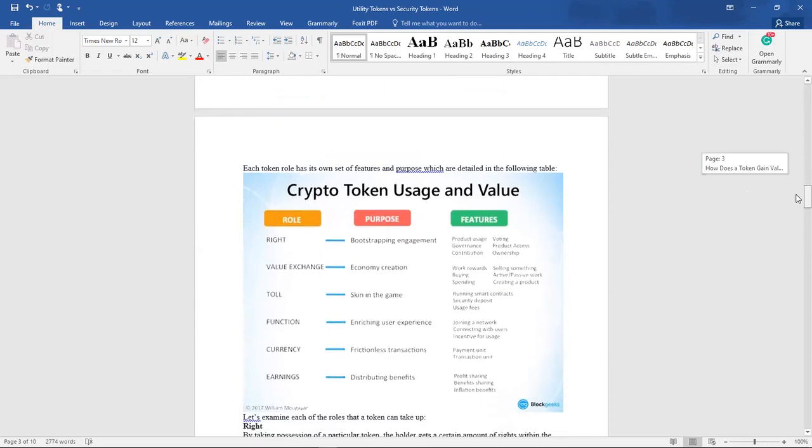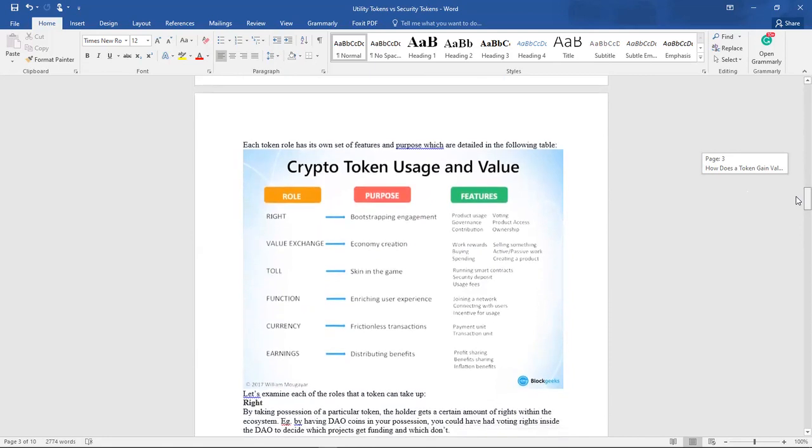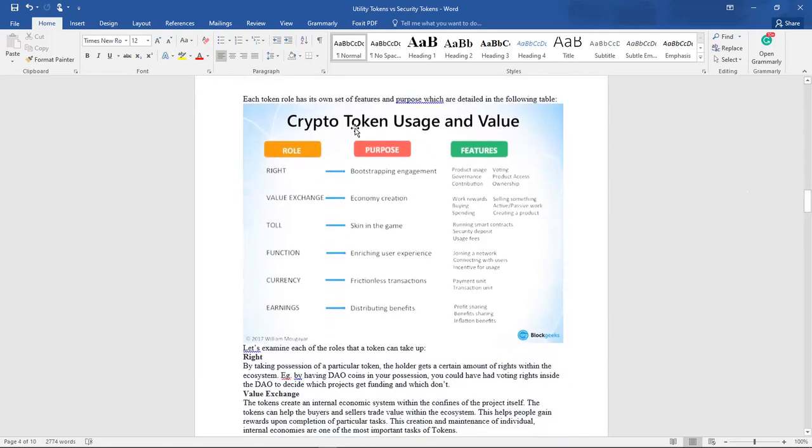Each token role has its own set of features and purpose, which are detailed in the following table. So with role, we have rights, value exchange, toll, function, currency, earning, and then we have purpose.